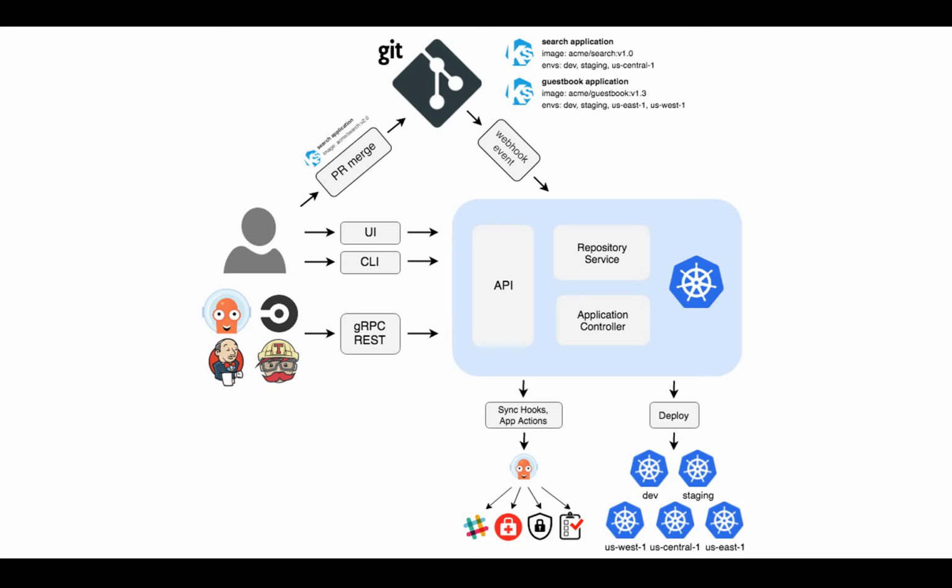Whenever there is a change, Argo CD will keep checking your current state and your desired state in GitHub. It will use the webhook, pull those changes into your Kubernetes cluster, and apply them in the desired state. That's what we are going to see in this tutorial as a hands-on. So let's get started.